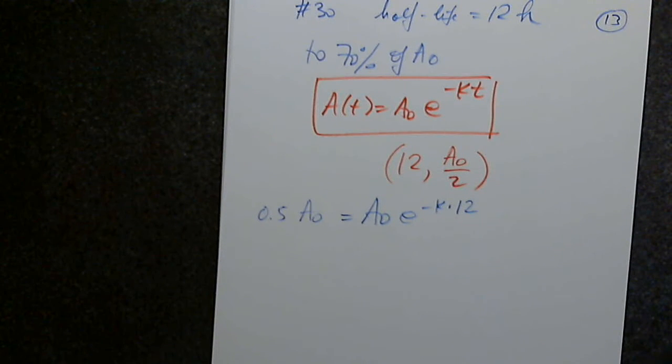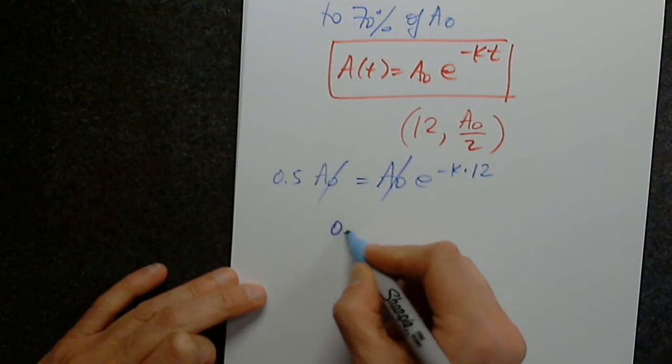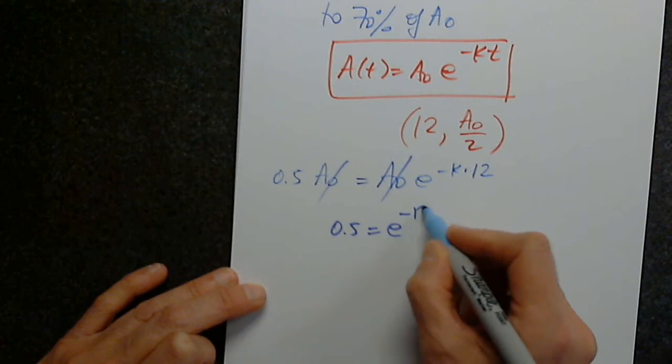So that's how we put in the point. When t is 12, the amount is 0.5 times A0. Perfect. What happens next? Get rid of it. Yes, because I don't even know how much I took. So then 0.5 equals, and I don't care.